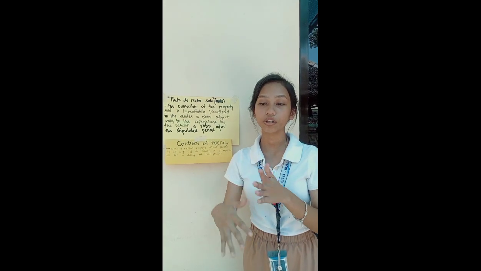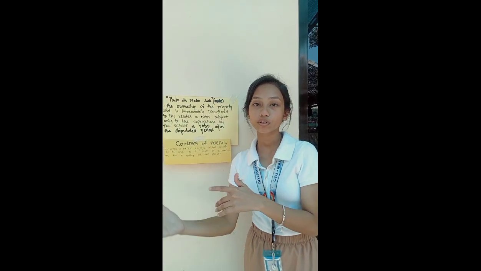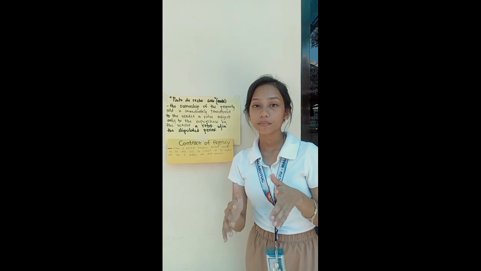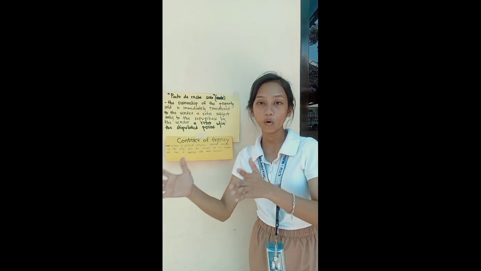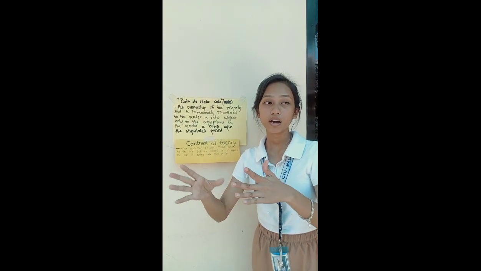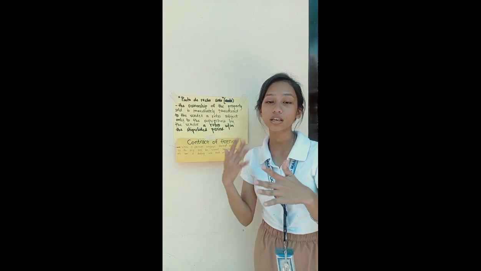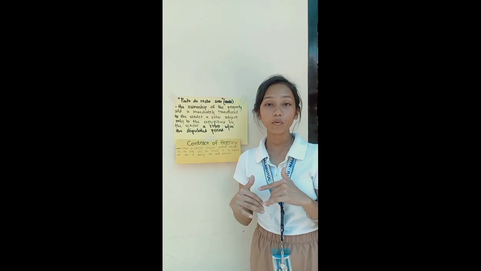The first person asks the second person to do the job for him. And then the second person employs or hires a person to do the particular job given by the first person. That is the contract of agency. You hire another person who can substitute for you, like to represent you in your job.